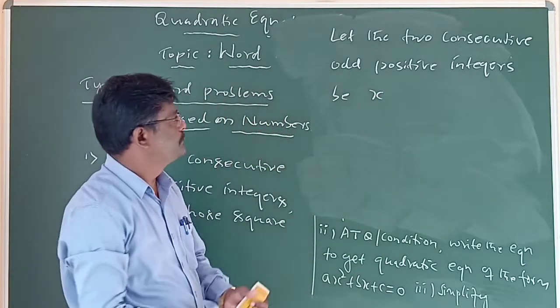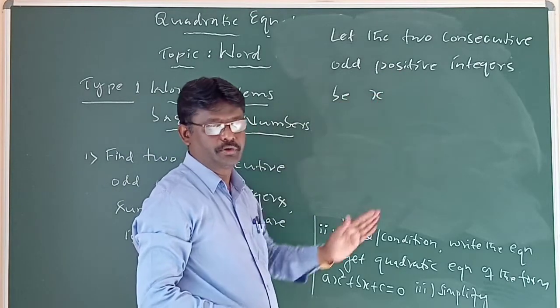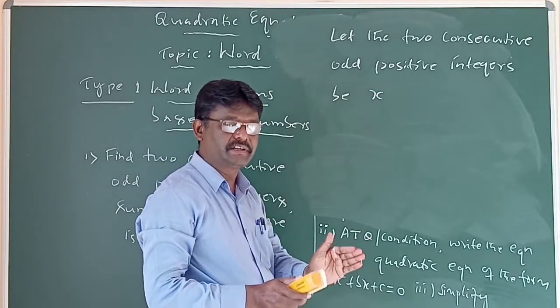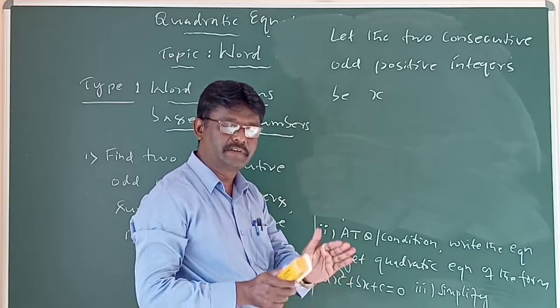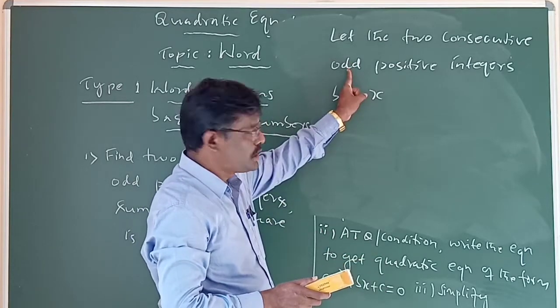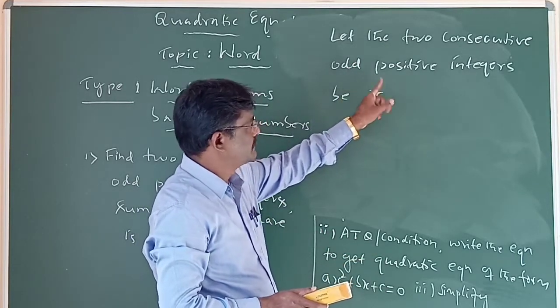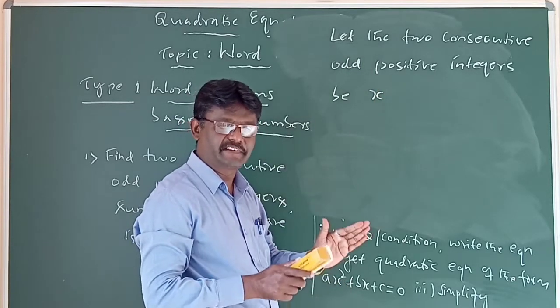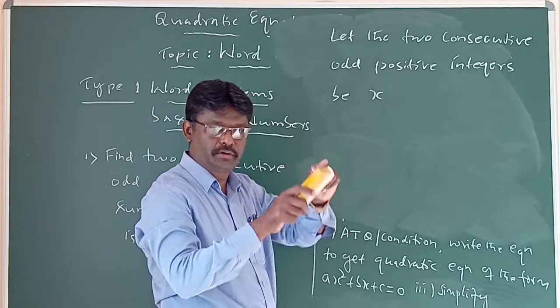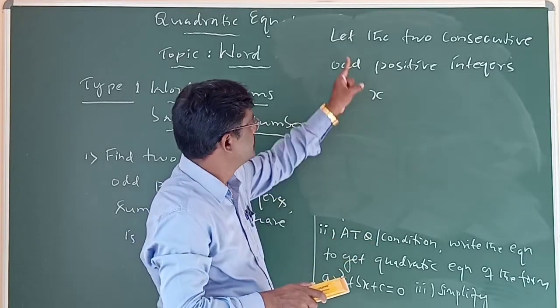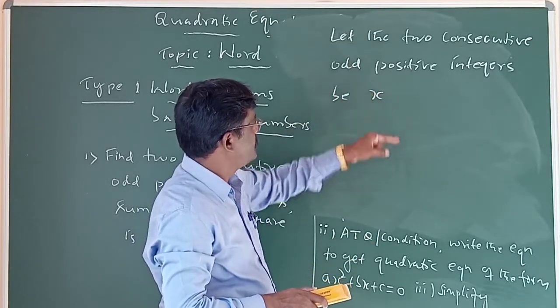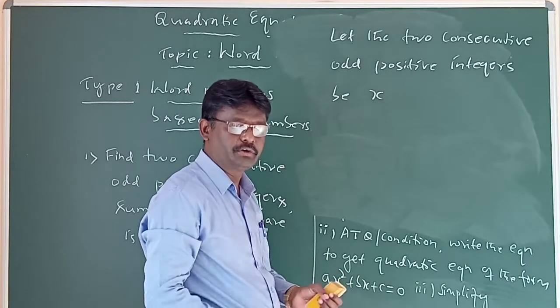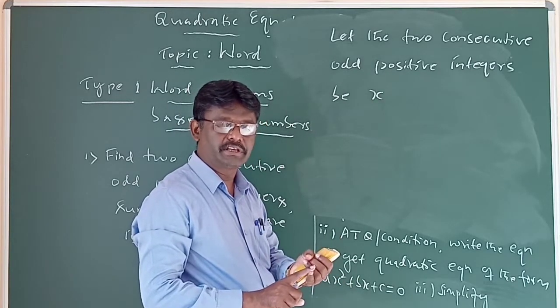We have to try to understand each and every term. Consecutive means successive; odd, positive, integer, everything is known. The only thing expected here is to put it in the form of an equation. Let the two consecutive odd positive integers be x. Here the first one I have taken as x.